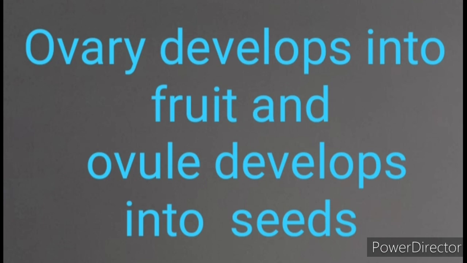So the ovules may be 1 or many ovules may be present. Papaya, watermelon, orchids, these all contain numerous seeds. When there are several ovules in the ovary, you can see numerous seeds in the fruit when it splits open.